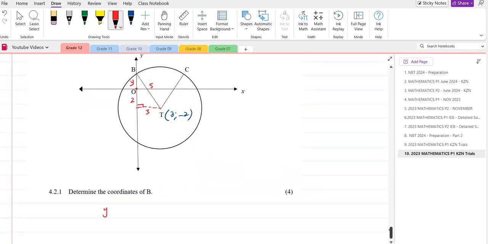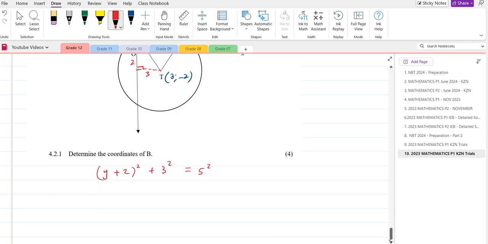You can say y plus 2 squared plus 3 squared is equal to 5 squared, right? We're using Pythagoras here. Now 5 squared minus 3 squared is 16, right?